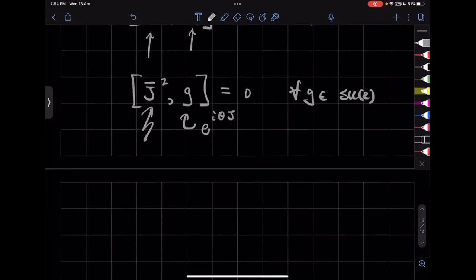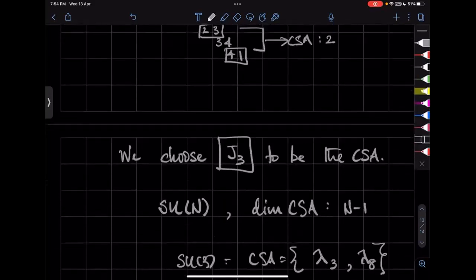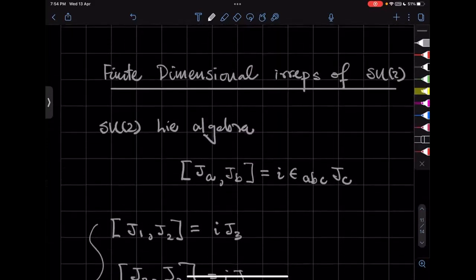According to Schur's lemma, what do we know about J squared? Oh, is it an irreducible representation? No, we are building irreducible representations of SU2.